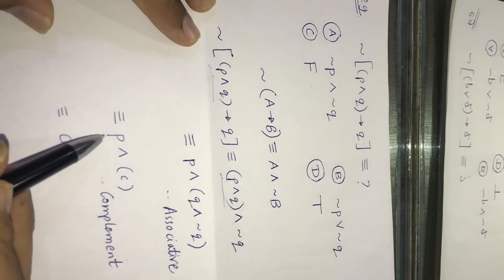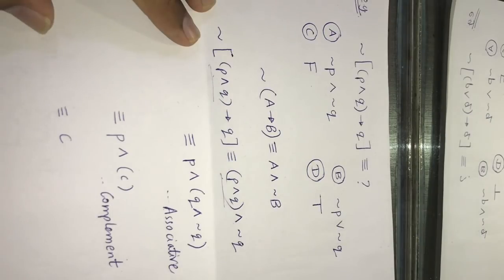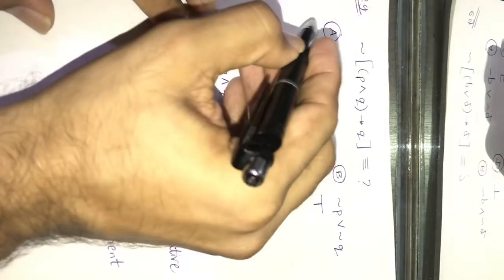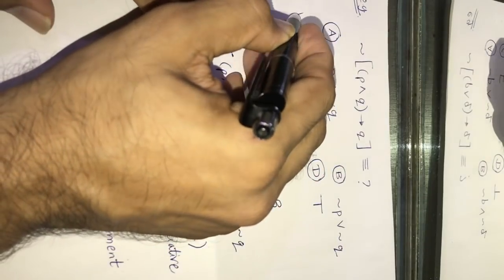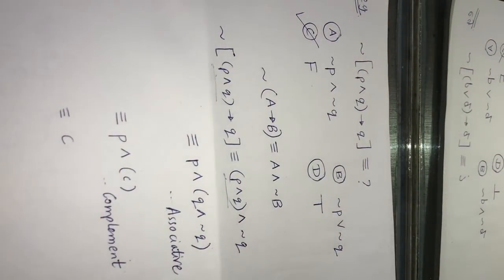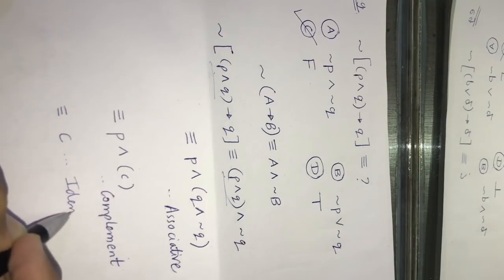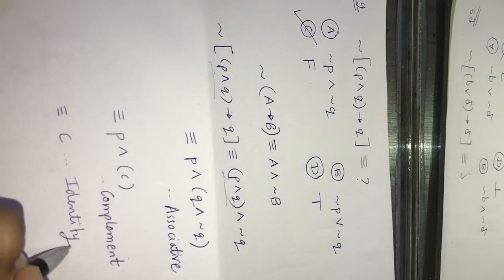You take false, false and false will be false, right? Yes. So the answer in this case is always false. They have written F there, but it should be contradiction, which is always a false statement. So whatever be the input, the output is always false. The last one which I have done is by which law? Identity law. You have to always write the laws.